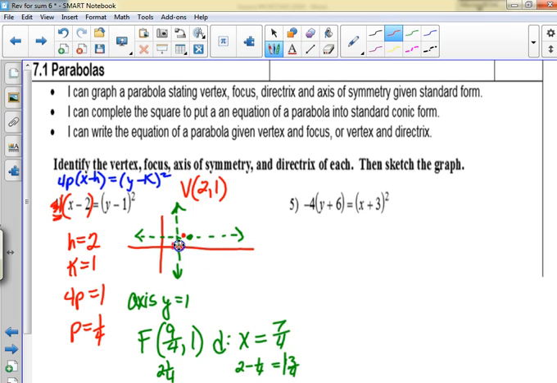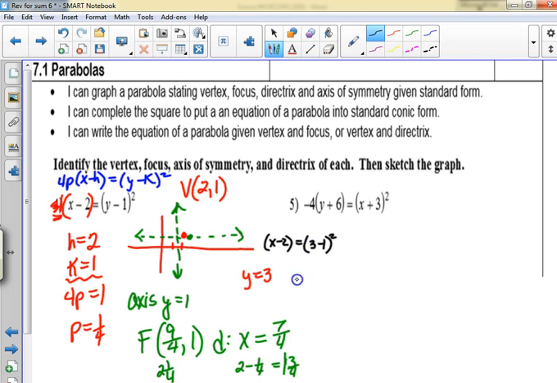Now the icky part, remember, was finding another ordered pair so we could decide how fat this thing was. If I want to put in a y, because that's the squared quantity, what is a y that is 1 or 2 units away from k equals 1? We could go with 0. If I go out 2 units, could I do 3? Okay. If I put in a y equals 3, all right, I would have x minus 2 equals 3 minus 1 quantity squared.